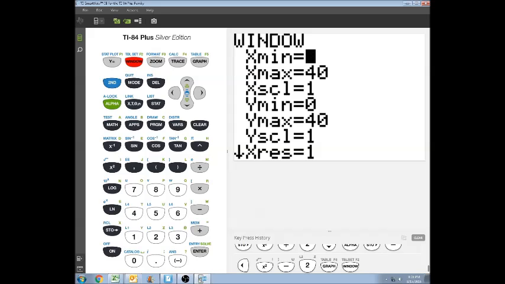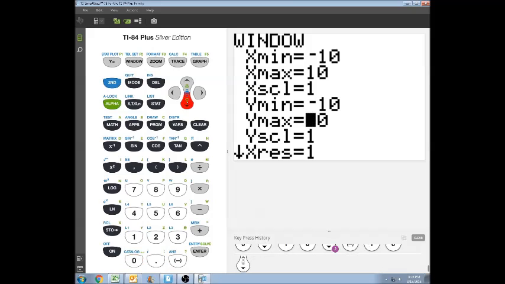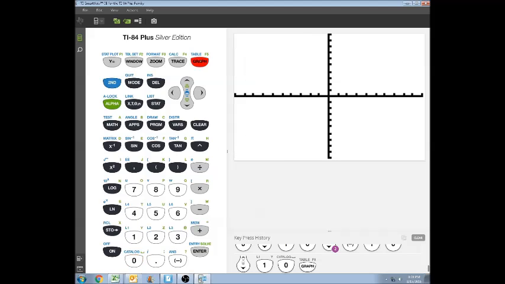When we're just looking at regular parent functions, we want x-min and x-max to be negative 10 to 10, and y-min and y-max negative 10 to 10. Okay, now we can hit graph and take a look at what we have.